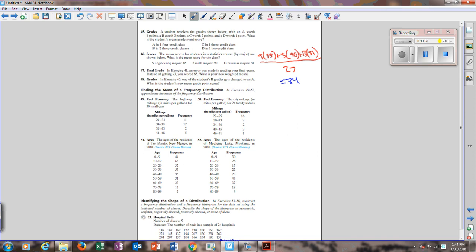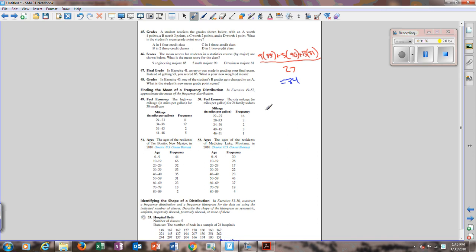says find the approximate mean of the frequency distribution. Easiest way to do this one is to figure out what your midpoint is for each of the categories. So 27 plus 22 divided by 2 gives you 24.5 for your midpoint.